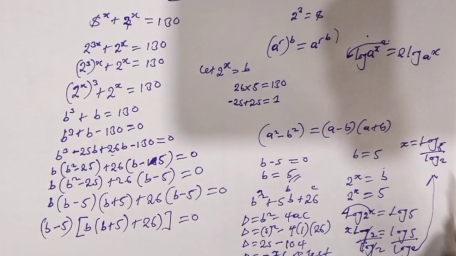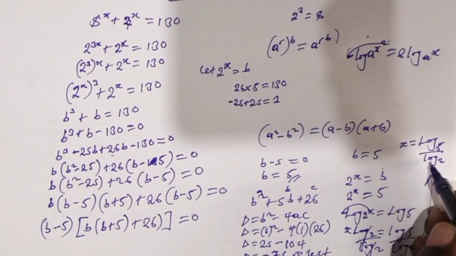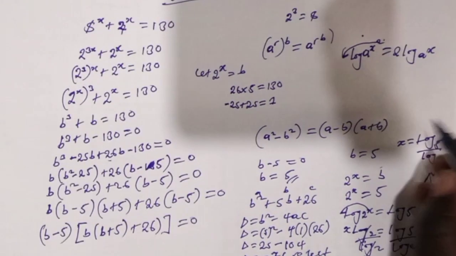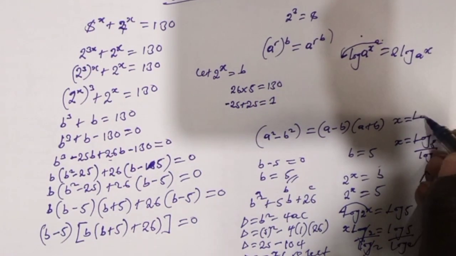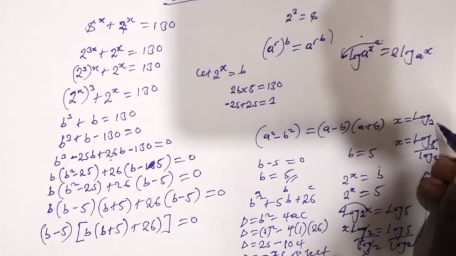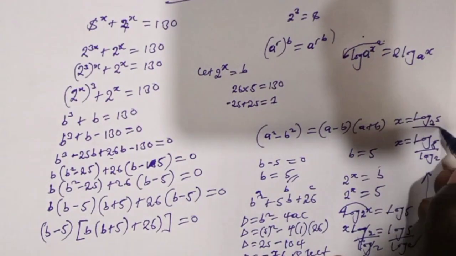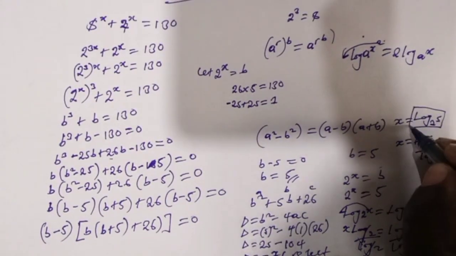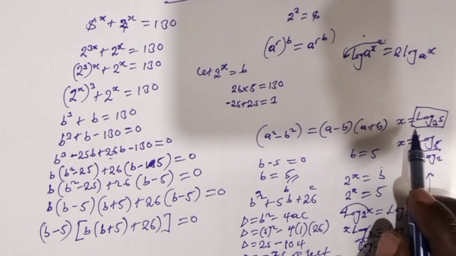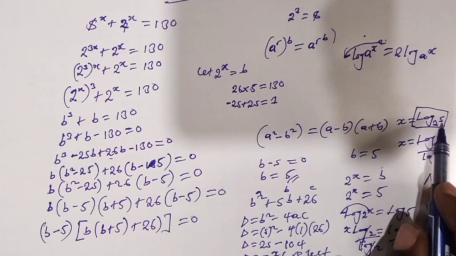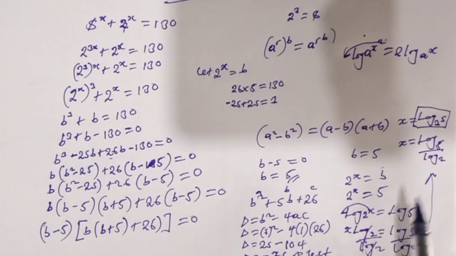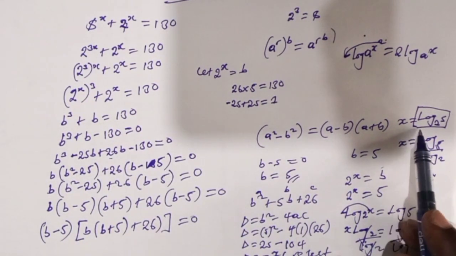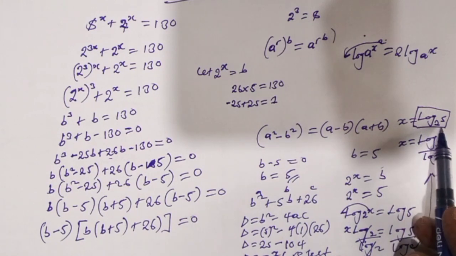So our final answer is x equals log 5 over log 2. This is our answer. If you want to prove it, you can substitute it here and it will give us 130, and this is our answer, which is x equals log 5 over log 2.